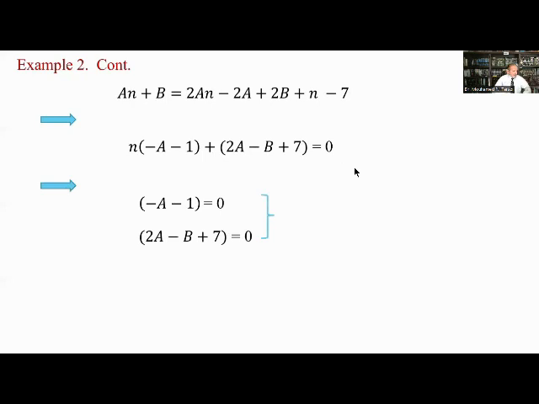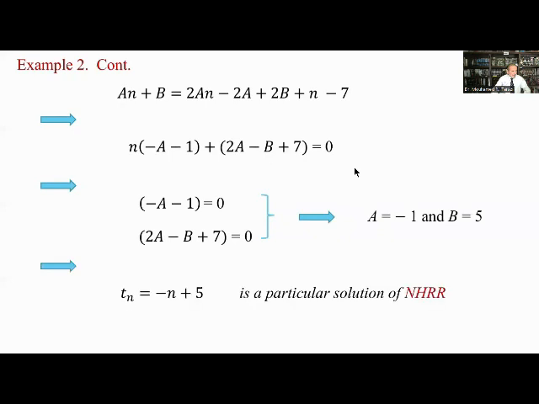So we put that's 0 and that's 0, and then we solve this system of equations, and we get a = -1 and b = 5. So T_n = -n + 5 is a particular solution of the non-homogeneous recurrence relation.